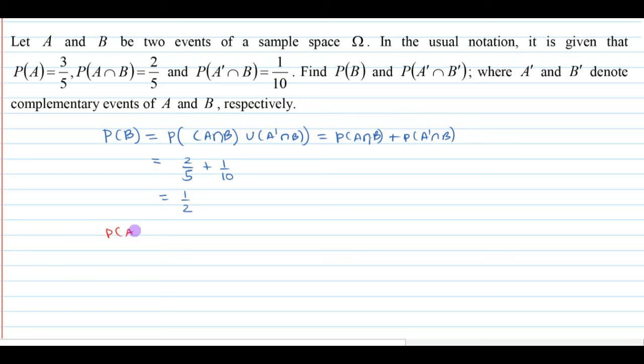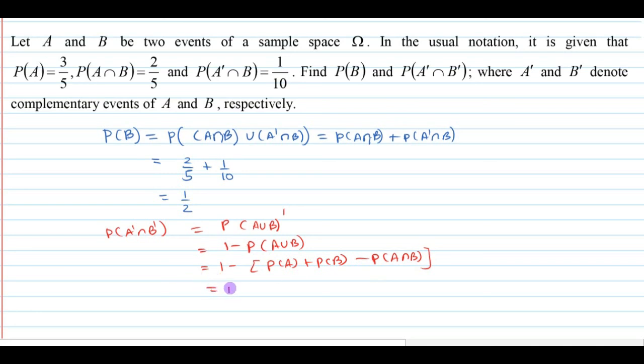P(A dash intersect B dash) is equal to P of (A union B) dash, which is 1 minus P(A union B). P(A union B) is P(A) plus P(B) minus P(A intersect B).